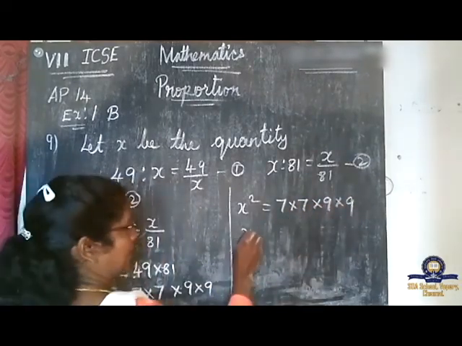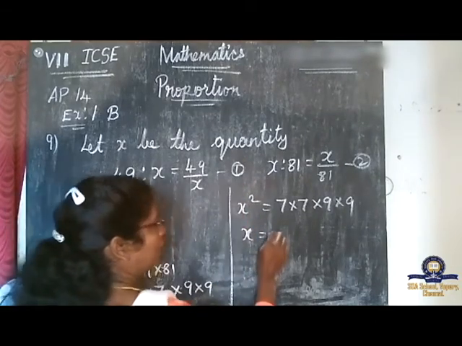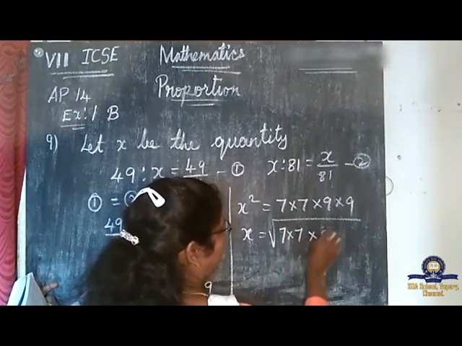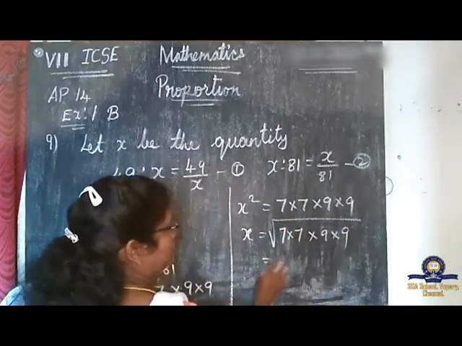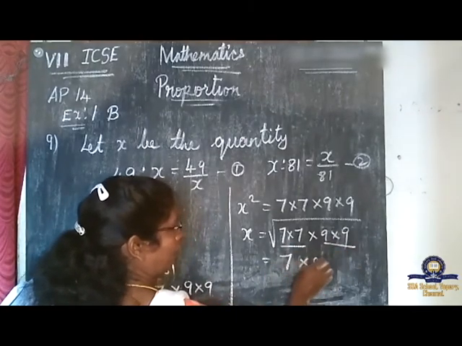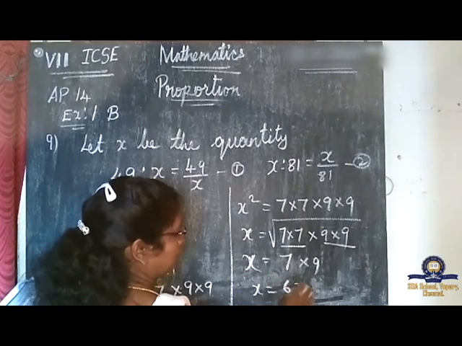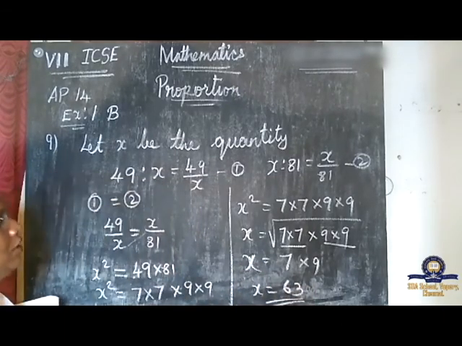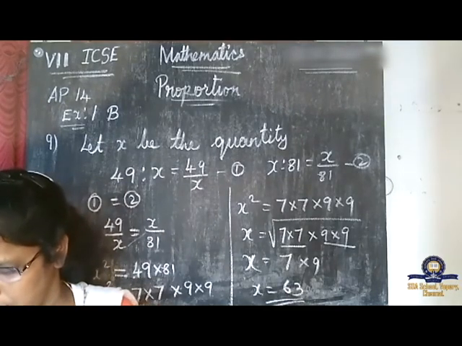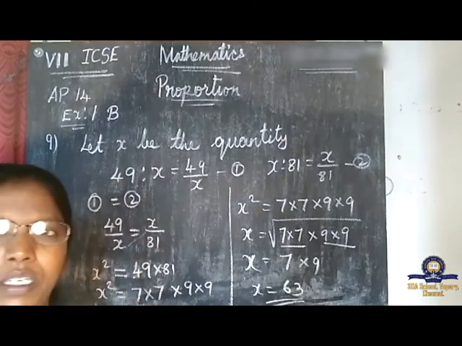We must find x, the quantity. That means we need to take the square root. For these 2 7s I am taking 1 7 out. For these 2 9s I am taking 1 9 out. So 7 9s are 63. So the quantity is 63. Okay, understood well?